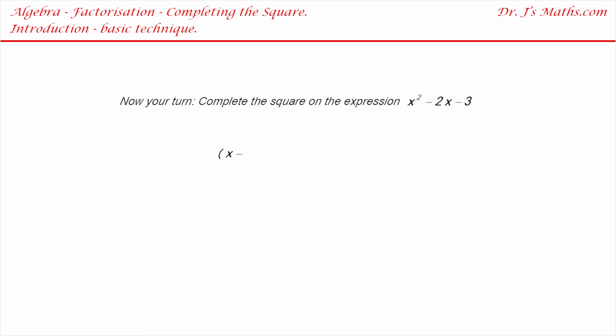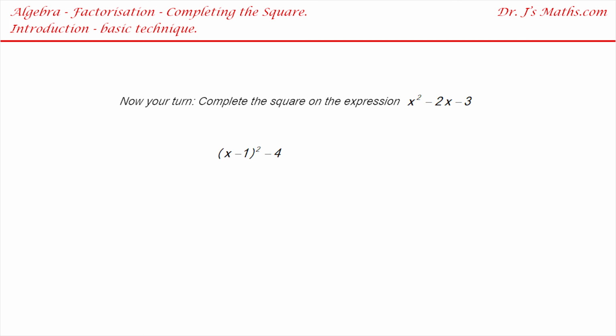Halve the number in front of the x, which was half of 2, which is 1, so we put that in. End the brackets, square them. We've just created a minus 1 squared, which was a plus 1, so take off a 1 and then include the minus 3 from the original expression. So we've got minus 1 minus 3, which gives us minus 4. So it's x minus 1 all squared minus 4.